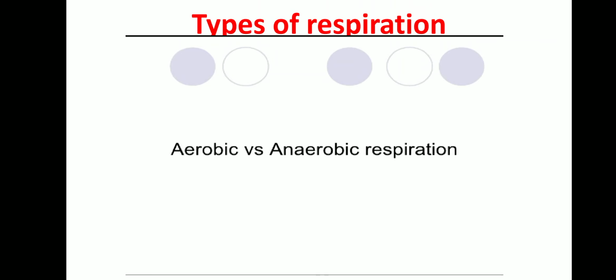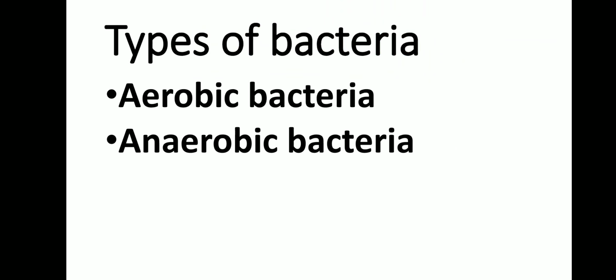The organism which can breathe in the absence of oxygen or air is called anaerobic. Based on this respiration, bacteria are classified into two: aerobic bacteria, which require oxygen for breathing, and anaerobic bacteria, which don't require oxygen for breathing.